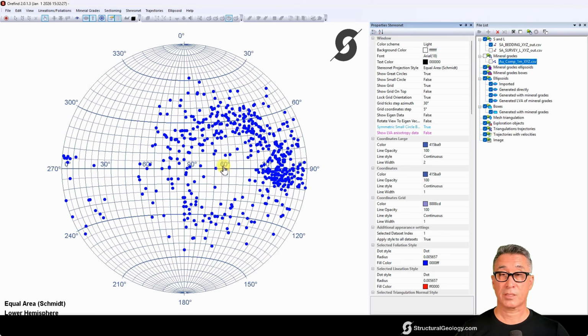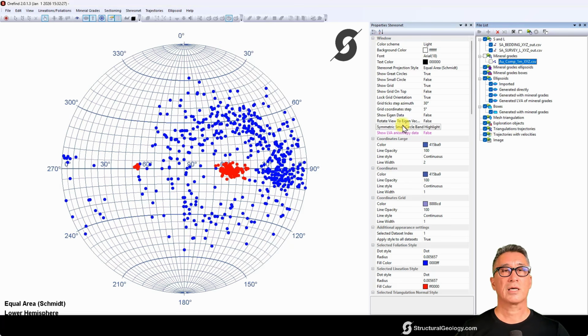And I would expect the plunge of the drill core will be in this vicinity here. So if I turn on the Ls, which are the survey files, sure enough, most of the drill directions are plunging in this direction, and all the poles are distributed around a small circle distribution.